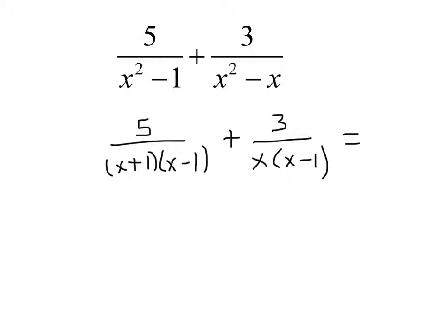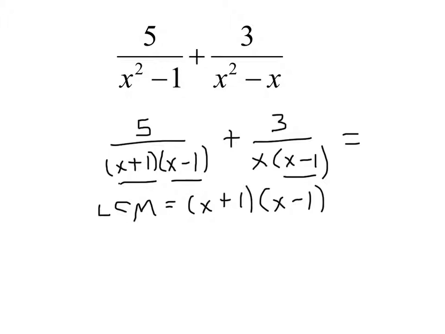So our least common multiple, it needs a factor of x plus 1 because there's one here. It needs a factor of x minus 1 because there's one here and here. And it needs a factor of x. So that will be our least common denominator.